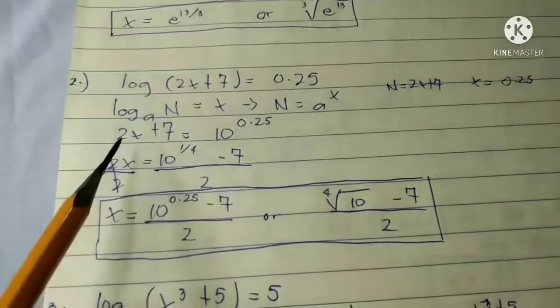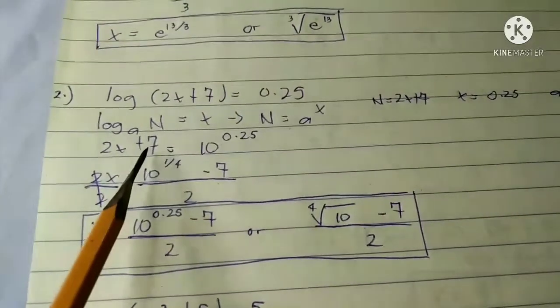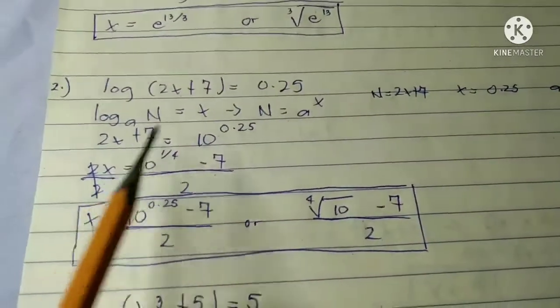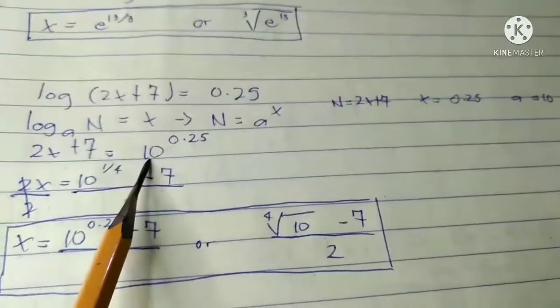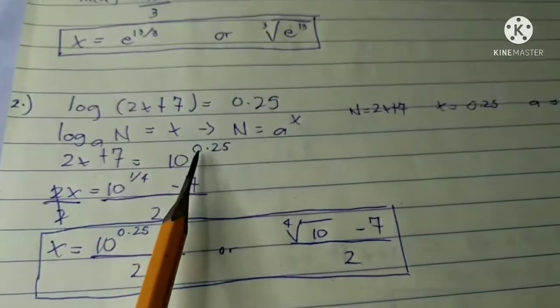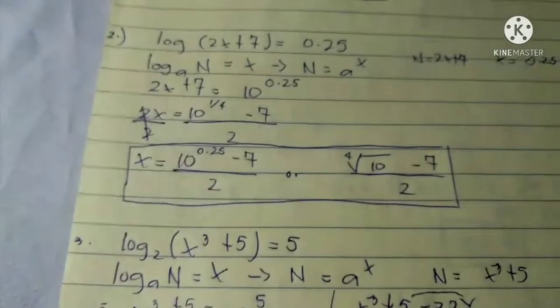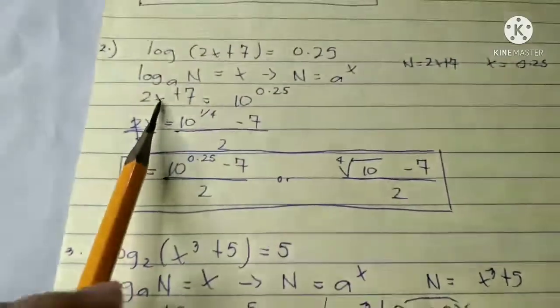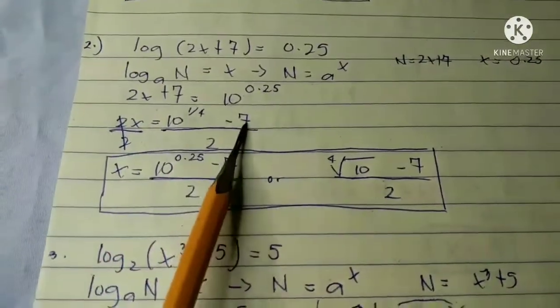So we have now our 2x plus 7, since this is our n, equals 10, our 10 is our a, and 0.25 is our x.